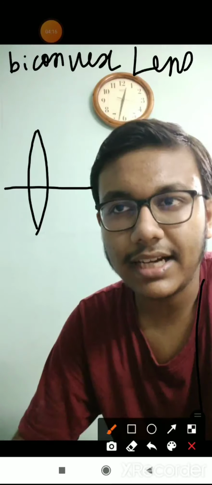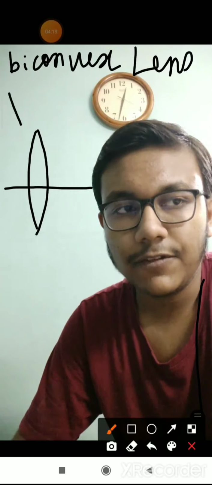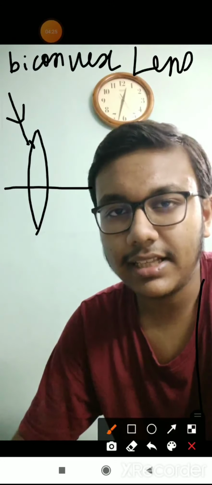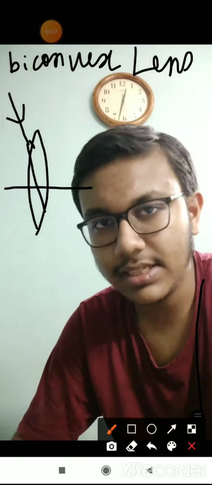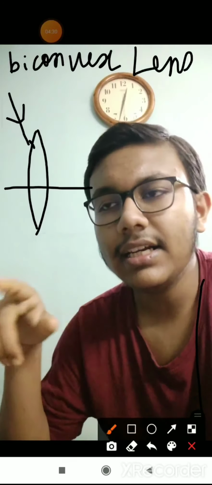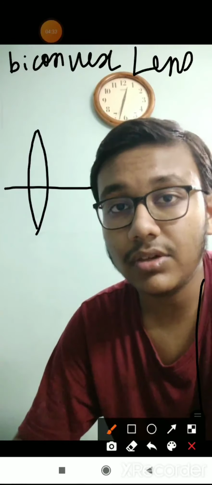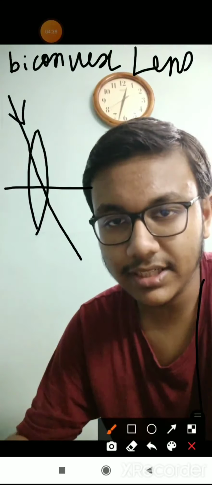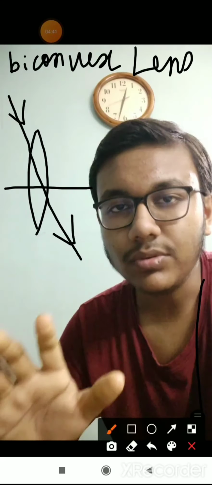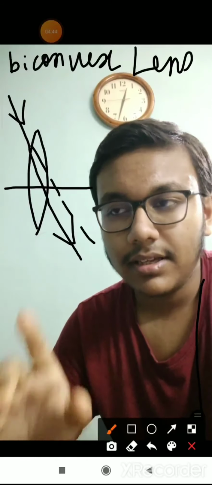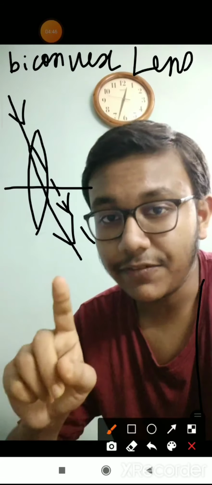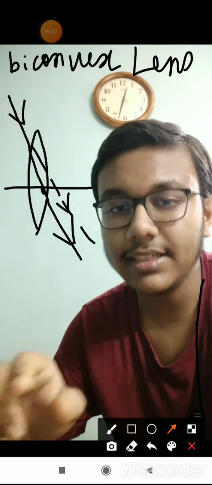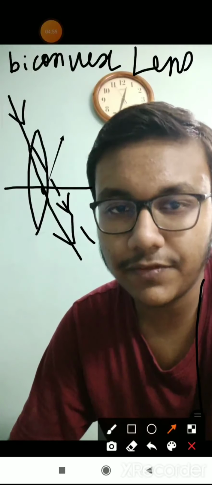Now imagine that at some particular point of the lens, a ray of light was incident at such an angle that it enters, gets refracted, and then emerges. But if it emerges parallel to the initial direction of incidence, that is, if the emerging ray is parallel to the direction of the incident ray, then the point at which the refracted ray inside the lens intersects the principal axis of the biconvex lens is the optical center as we define it in physics.